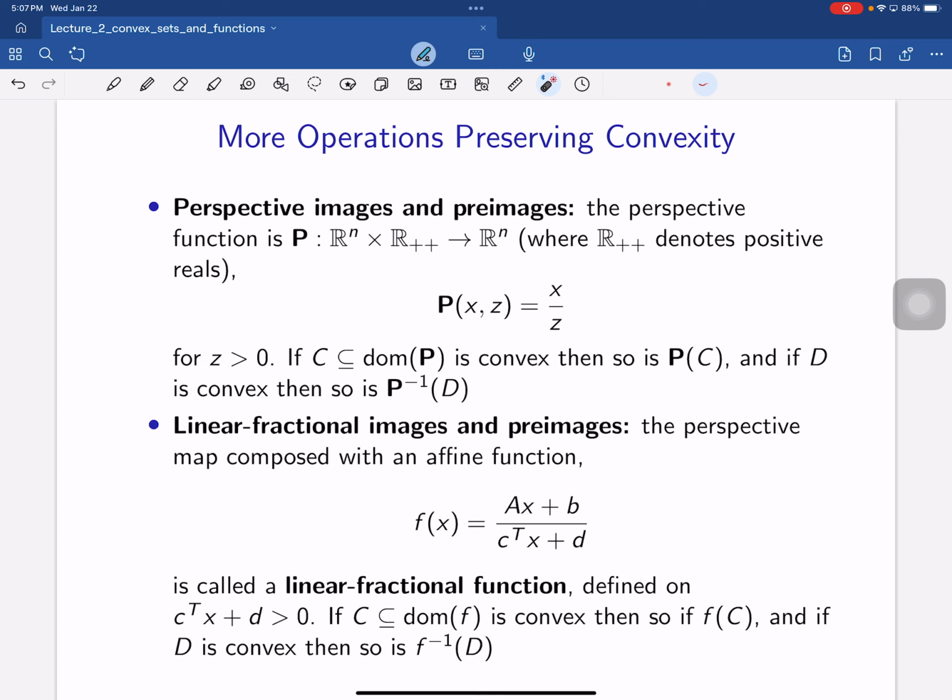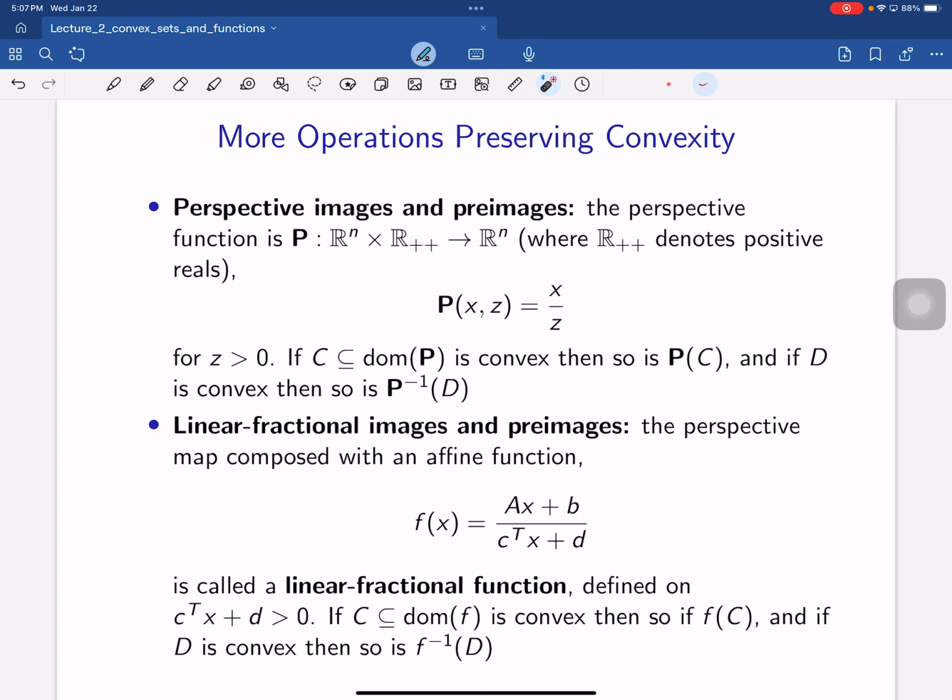That is called the perspective operation, where you scale the first n elements of your vector by the last element, which is strictly positive. Okay, that retains convexity. Showing that is not so straightforward, but you could use the definition and check that. I won't do that in class.